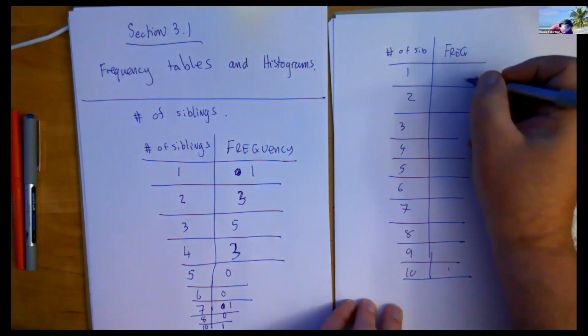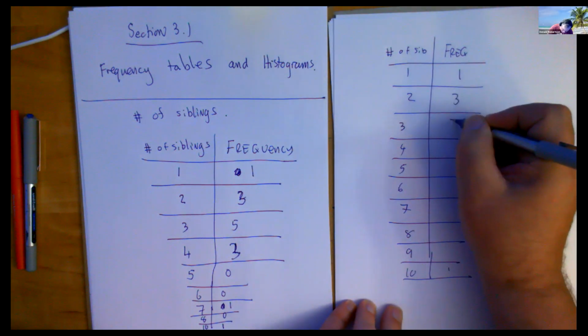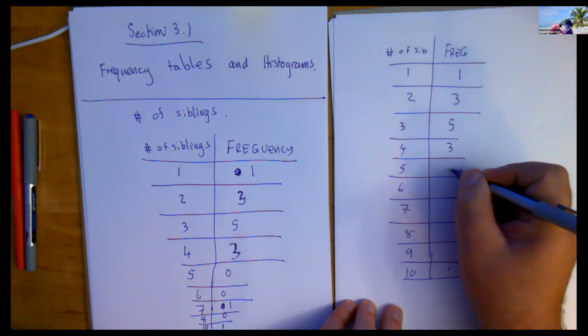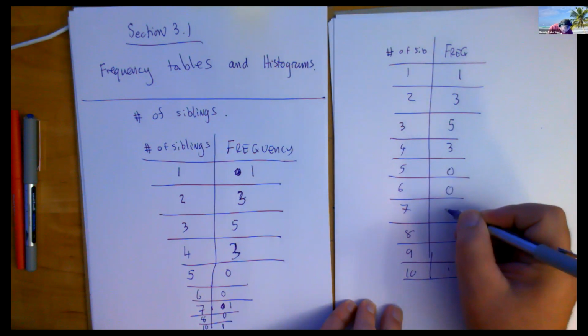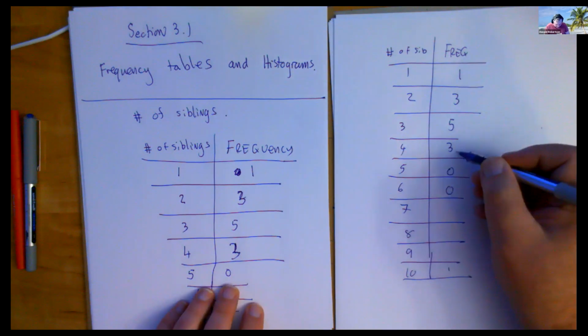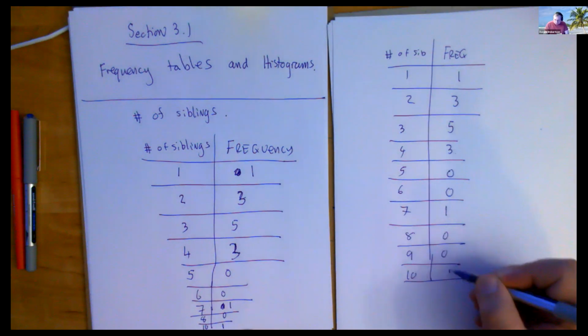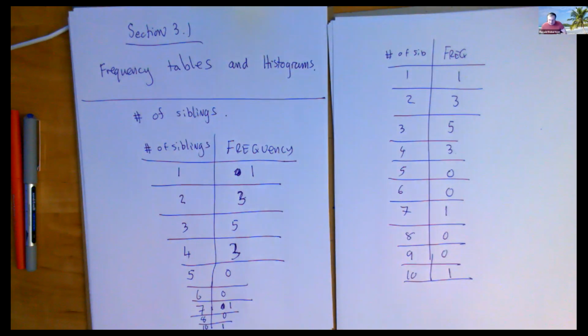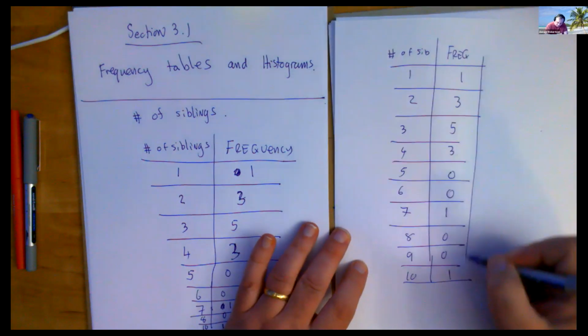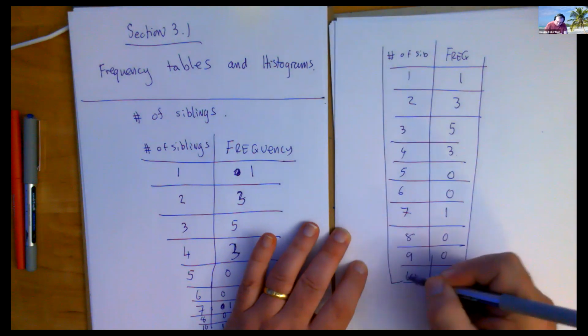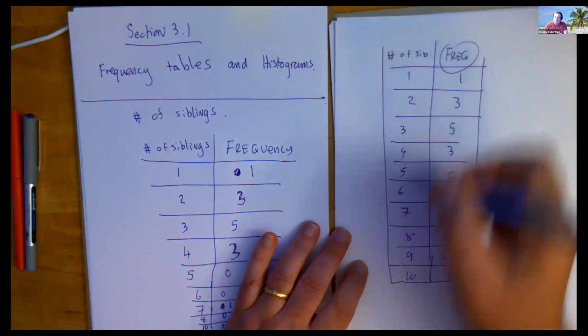And so the pattern went 1, 3, 5, 3, 0, 0, 1, 0, 0, and then 1. So that would be an example of what's called the frequency table. It gets its name because of frequency here.